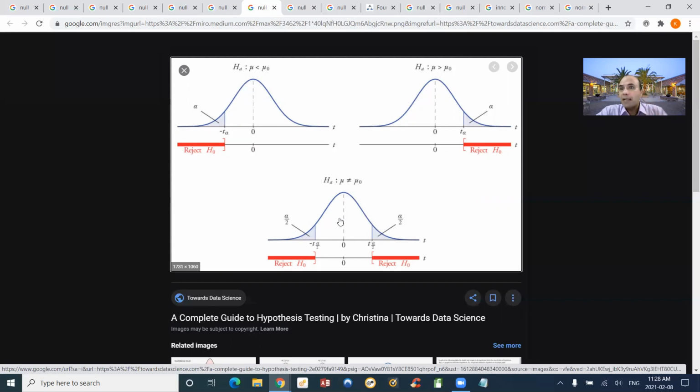Now you are coming back and you're telling me that HA, the alternative hypothesis, is more than 95% inclusive? Something has to be wrong with the null hypothesis. So if this is less than 2.5 and this is less than 2.5, then you have to reject the null hypothesis and pay attention to what the alternative hypothesis is telling.